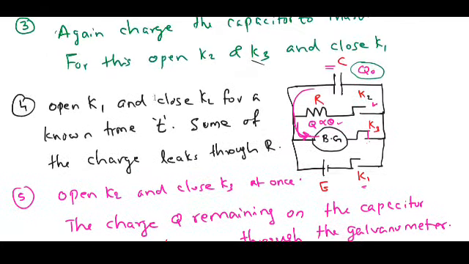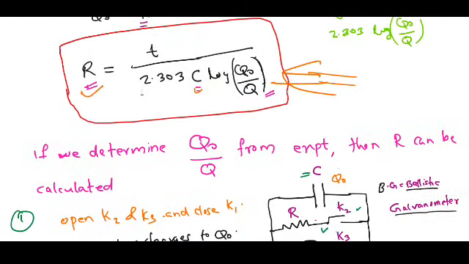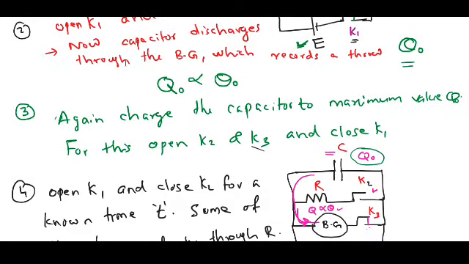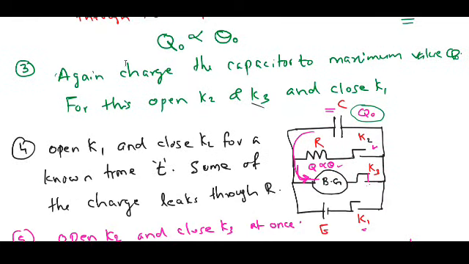Our aim was to calculate the value of the unknown resistance R that is connected in the circuit. To calculate that, the known parameter is time, because in the fourth step we opened the key K1 and closed key K2 for a known time t.